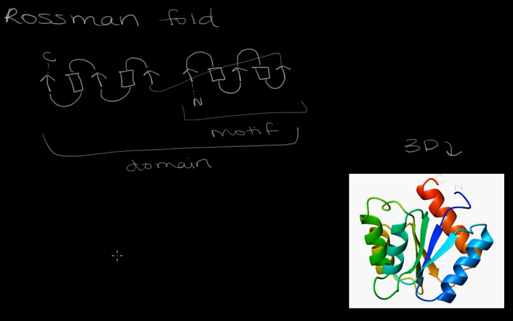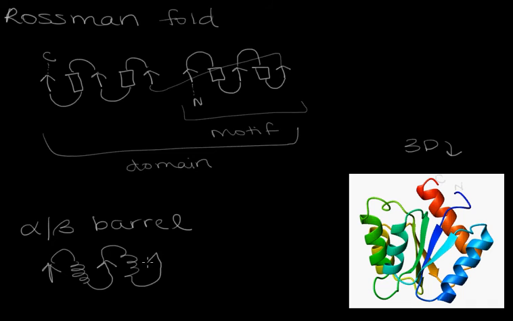There are other domains, such as the alpha-beta barrel. And so that just kind of looks like alternating alpha helices and beta strands. Let's see if I can find a nice picture of that.